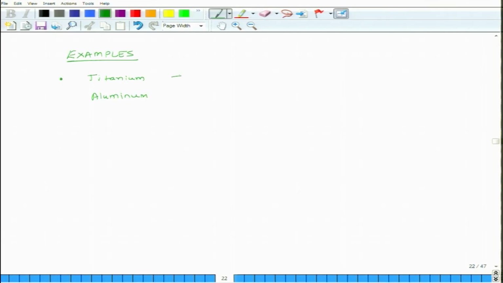Okay. Density of titanium 4.5, density of aluminium 2.7. You don't want to use steel as the matrix material because it has very high density. So these are some of the lighter materials.